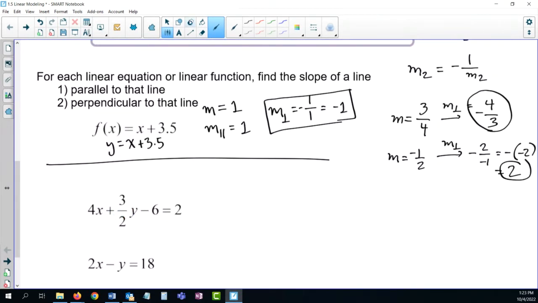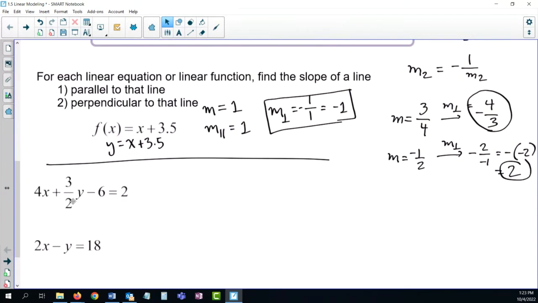I can't tell you the slope of the line parallel and perpendicular to 4x plus 3 halves y minus 6 equals 2 because I don't know the slope of that line, right? I need to know the slope of the line so that I can find the slope that's parallel and the slope that's perpendicular. These are all part of our answer.